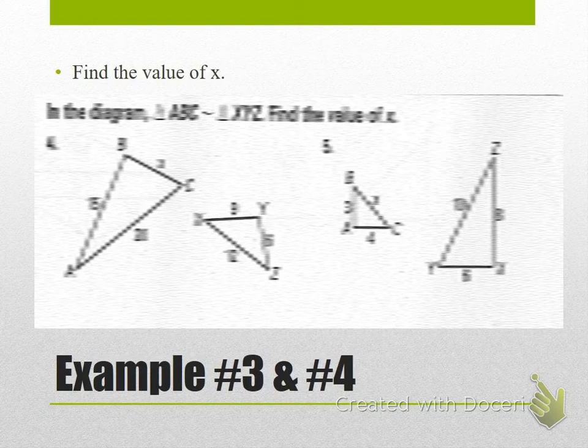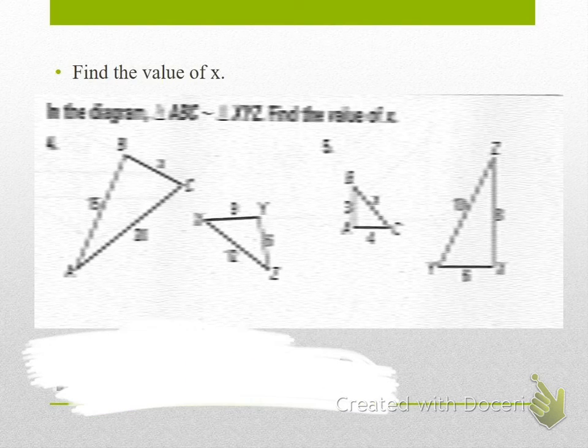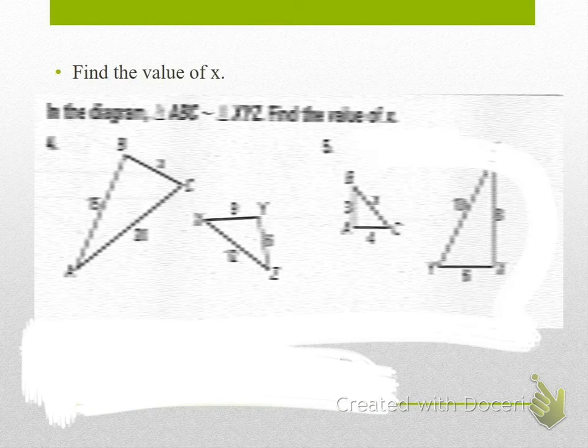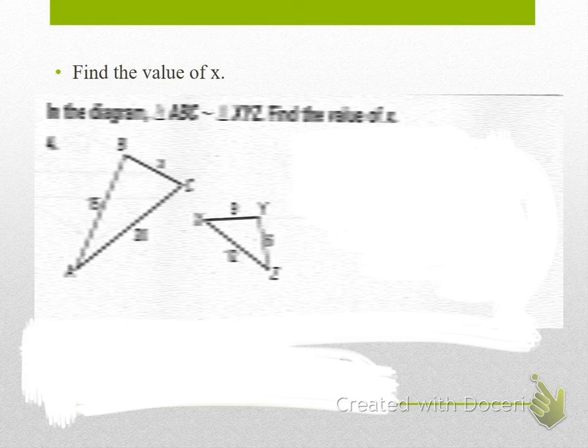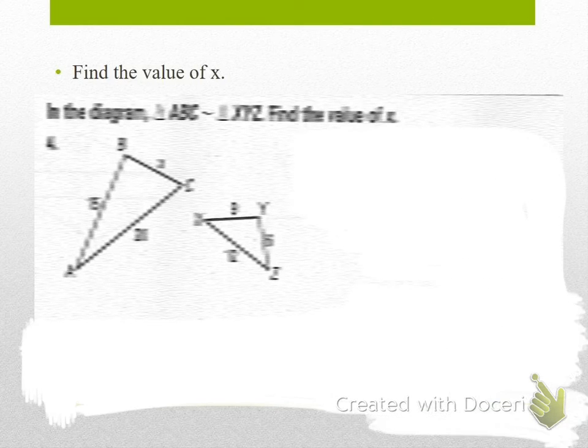So we have to use a proportionality statement to help us out. You don't necessarily need to write out the whole proportionality statement. You really only need one proportion. So I'm going to take this one away for a minute while we focus on this first example.